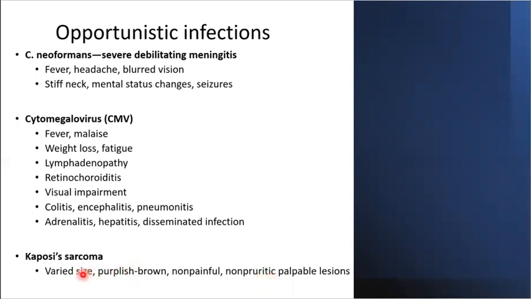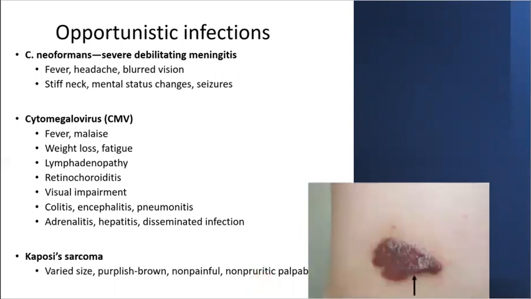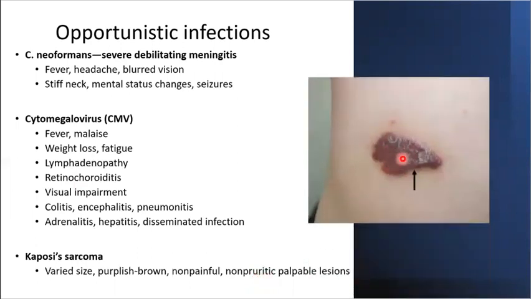So you will see this varied size palpable lesion, purplish brown. But again, it's raised, so it's palpable. You see these lesions occurring on any part of the body, and it's most commonly seen on the skin. It could be diagnosed by biopsy, and it could be treated with local radiation or chemotherapy.